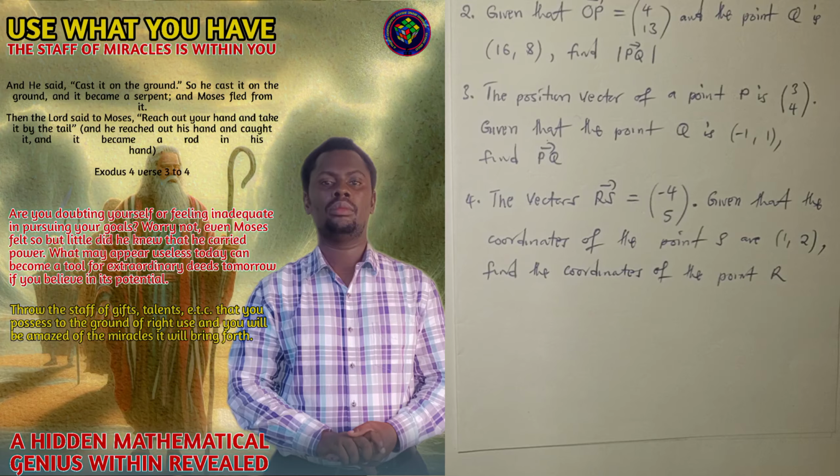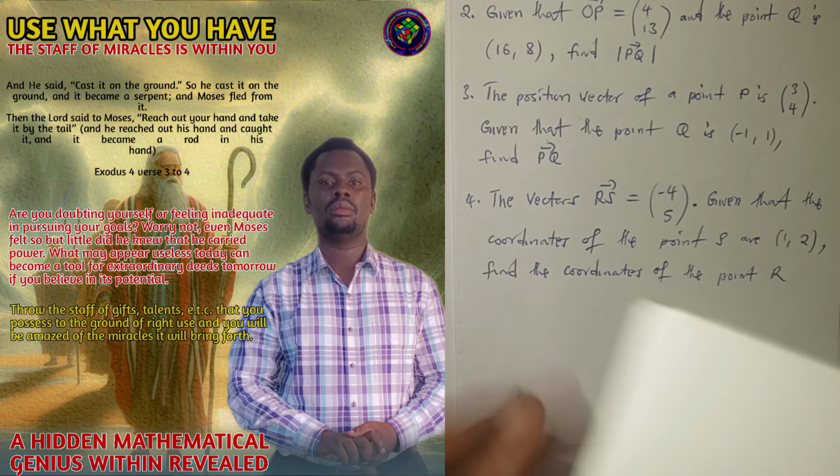So here we want to solve for the vector PQ. The easiest way to calculate the vector PQ is first to put this in the form of a diagram. We need to picture this.